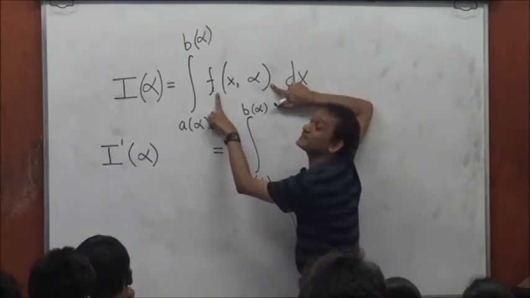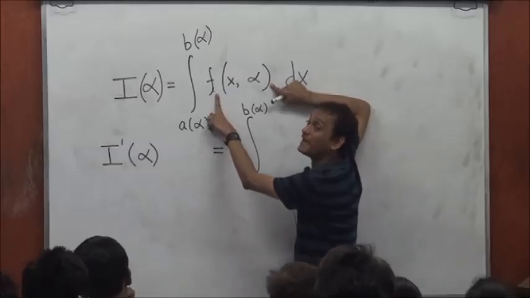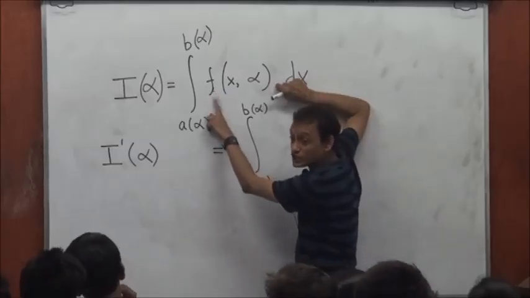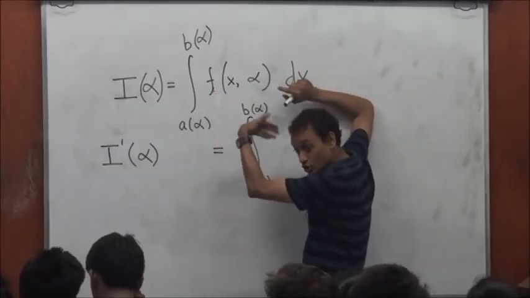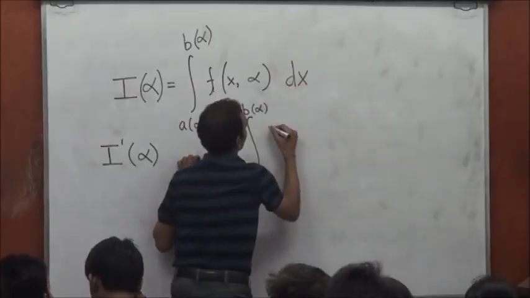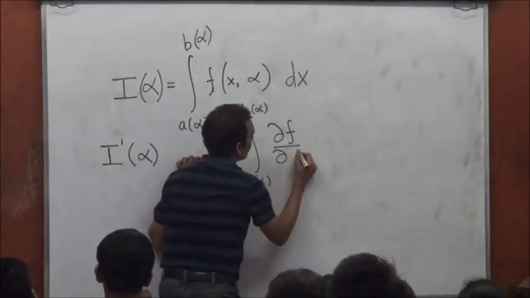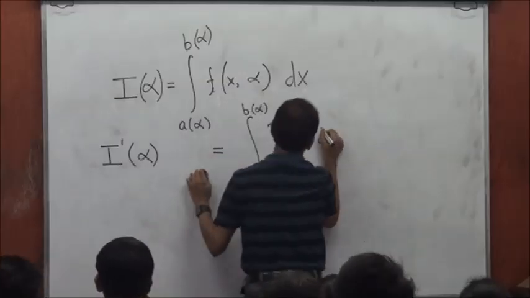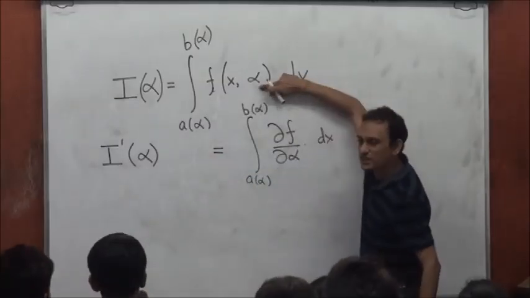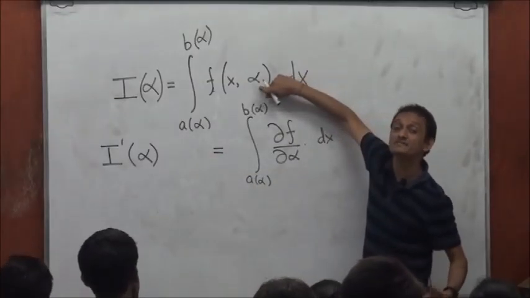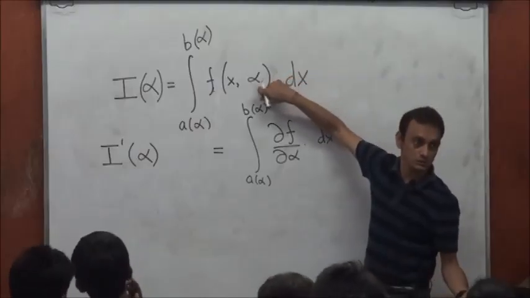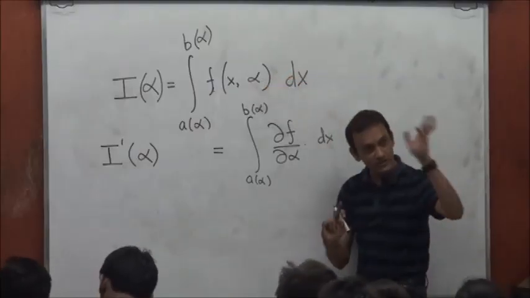That means the partial derivative of f with respect to alpha, keeping x constant. That's the first term.